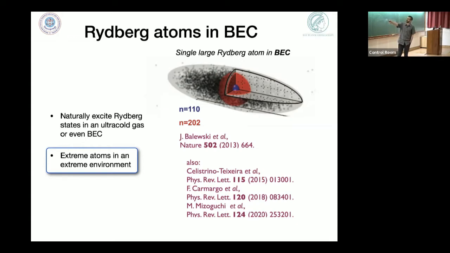And inside they have excited, say, a single Rydberg atom to the n equal 110 state or 202 state. In particular, in the 202 state, the red ball is actually that Rydberg electron orbit. So you see it's become entirely as large as the Bose-Einstein condensate itself. I guess it's no exaggeration to call this extreme atoms in an extreme environment.